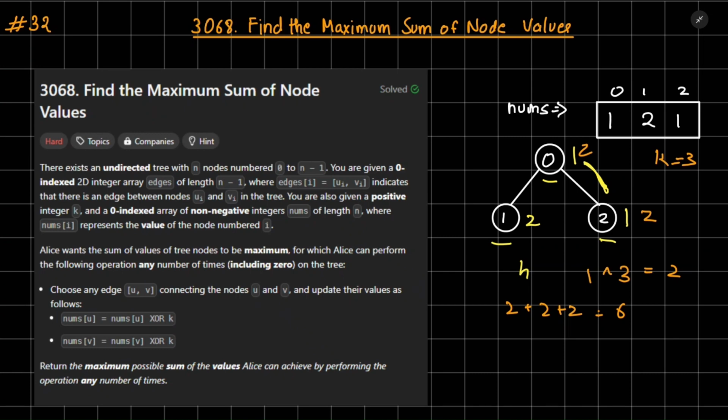Now you might be thinking that we are selecting edges in the operation, so why then don't we require this edges matrix? To understand this, you need to keep some points in mind. The first one is that this is an undirected tree.